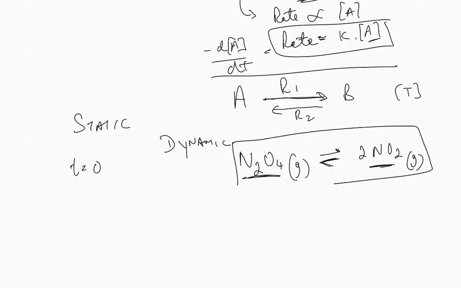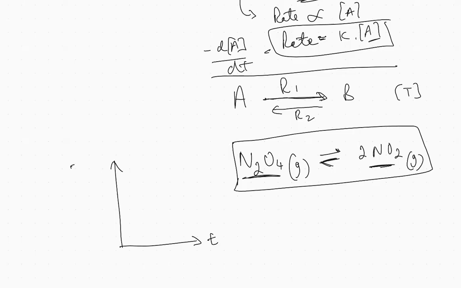As time passes, if I say this is concentration, let us start with the reactant. At the beginning, we have high concentration and it slowly goes down. You have seen that in rates of reactions.